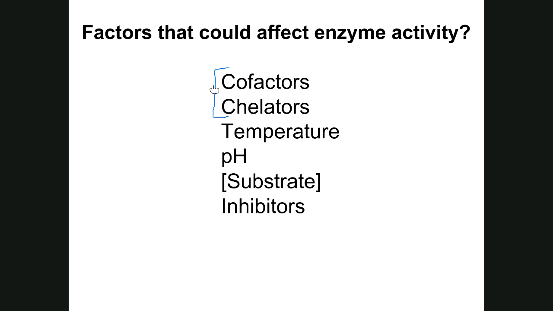One helps activate the enzyme. The other removes this first one, thus inhibiting enzyme activity, so I pair them together. The next 2 factors I talk about together also, temperature and pH, because there are similarities between the 2, such as enzymes work best at a certain temperature, called the optimal temperature, and at a certain pH, called the optimal pH. So we'll go over those 2 together. We'll talk about the last 2 separately.